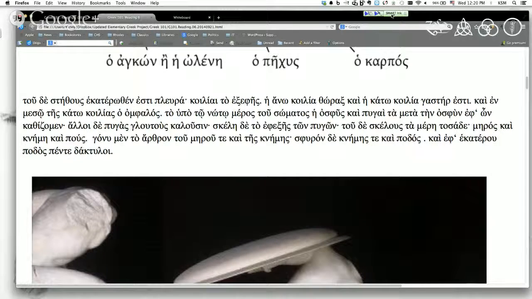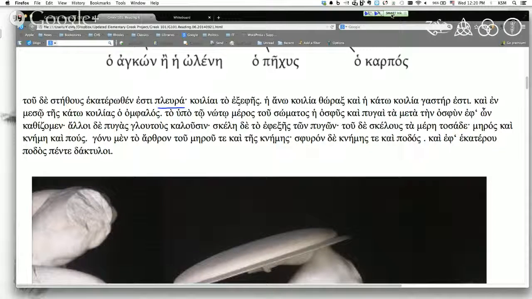On either side of the chest is a pleura. Along the ribs or rib cage, I guess it's kind of ribs. What would we call this? Okay. This part right under here on either side. Pleura. Okay. Sides.